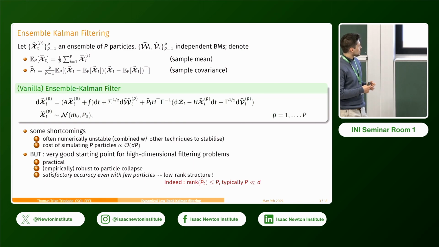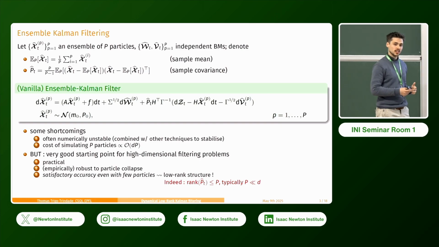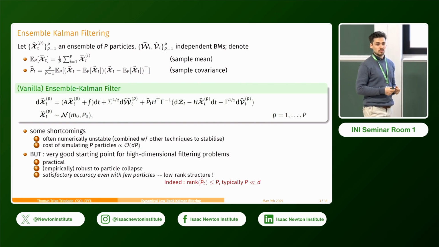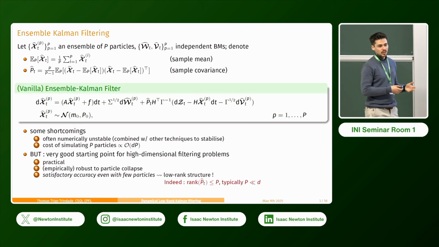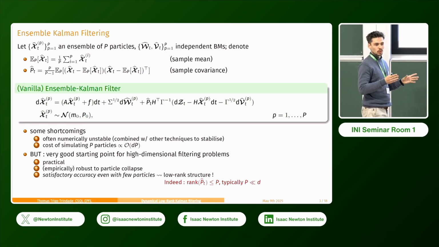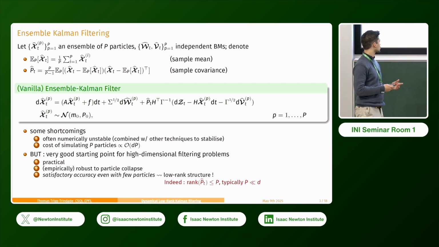Then there is another point, and this is almost trivial or obvious to say, but the cost of simulating this ensemble of p particles scales like the product of both the number of particles and the dimension of the state, right? If you have p particles and each particle has dimension d, you need to store d times p and evolve d times p entries at all times, and this scales essentially linearly with this product.